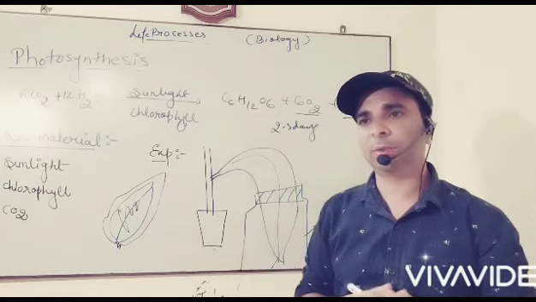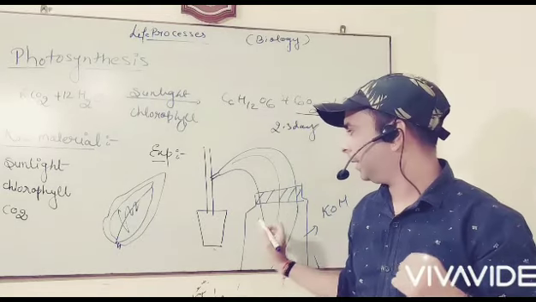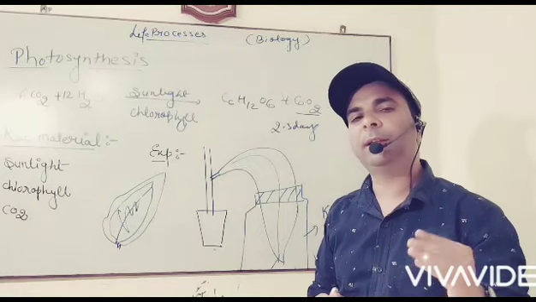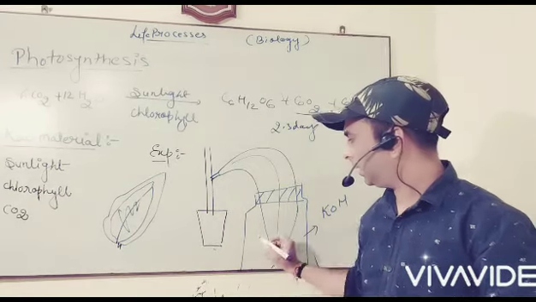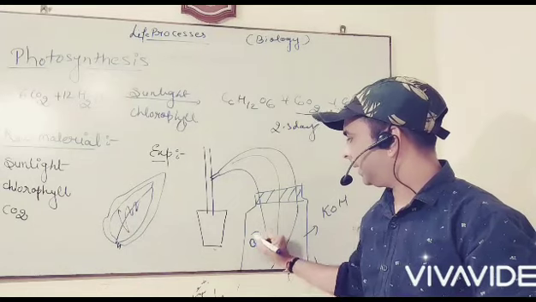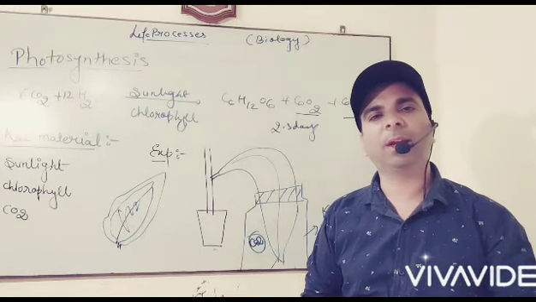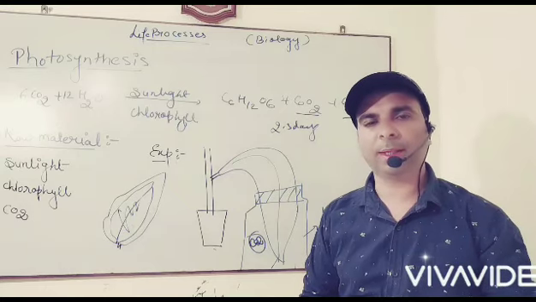You can see that the part of the leaf inside the jar is slightly yellowish in color, because the carbon dioxide present inside the jar is absorbed by the KOH.